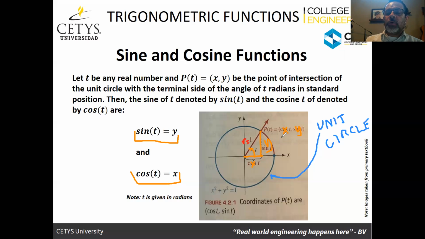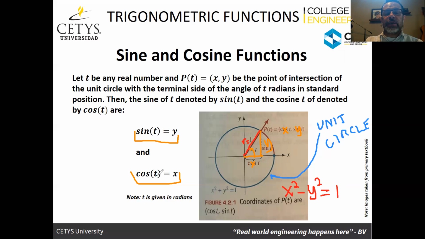Okay, and so by the Pythagorean theorem, we know that x squared plus y squared, which are the two legs of the triangle, have to be equal to the hypotenuse squared, but the hypotenuse is 1.